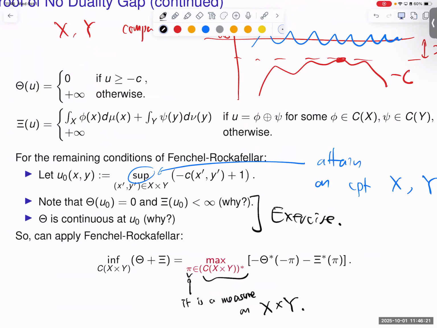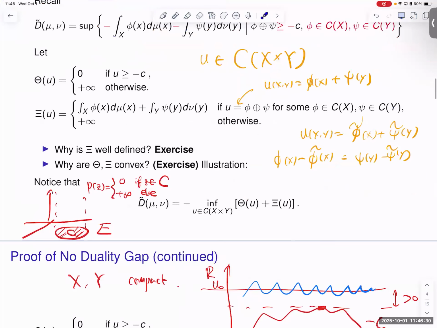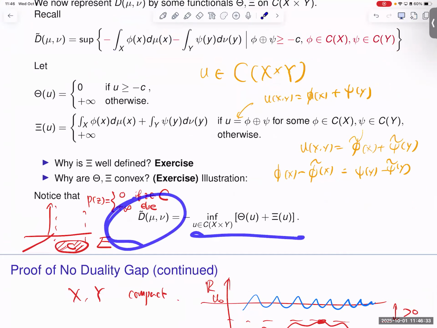is measures. All right. Okay, so now we know that the left-hand side was basically the same as minus d theta.